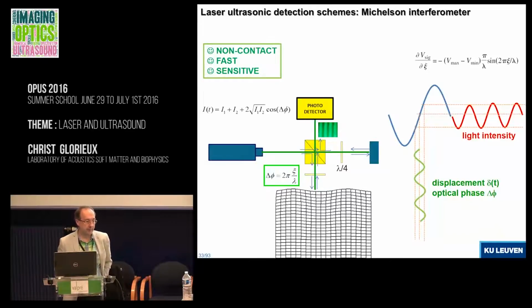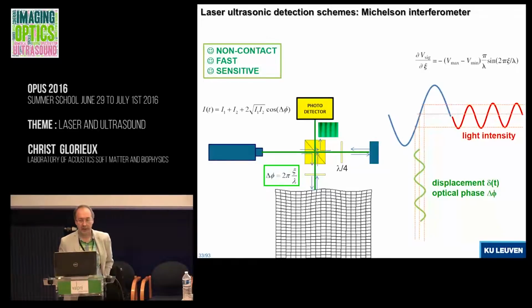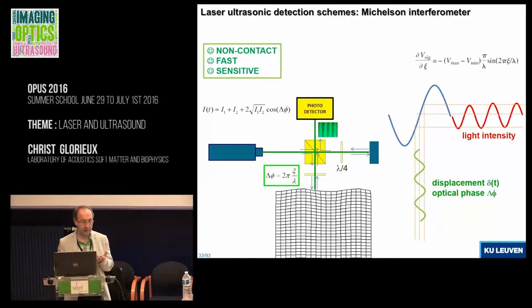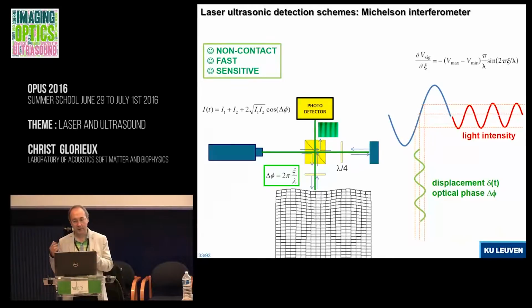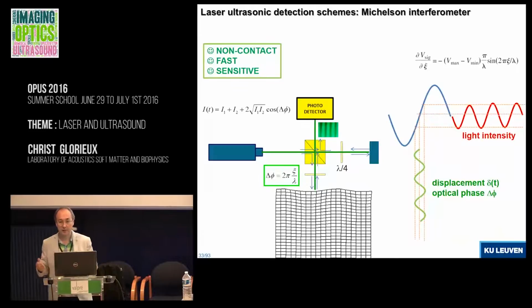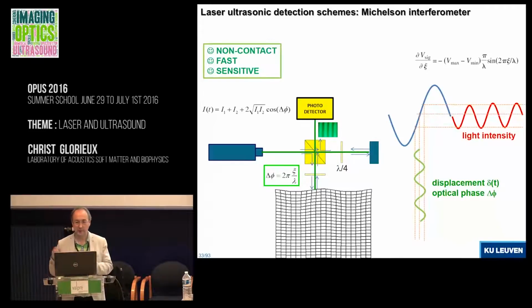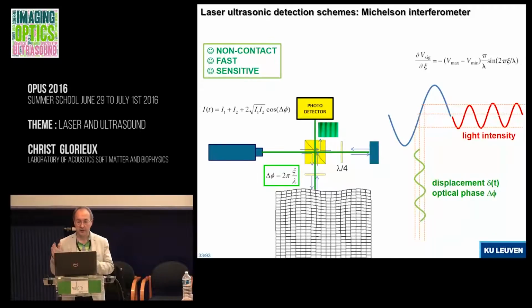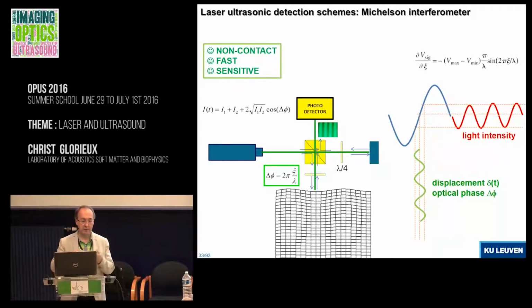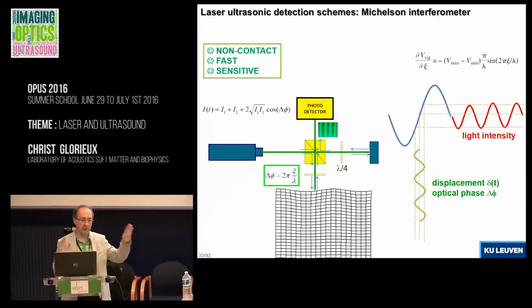Sometimes you cannot compensate. For example, if you want to measure slow displacements of the sample, they are as slow as all the other changes and you cannot distinguish, so you don't know what is changing. But typically in laser ultrasonics, you are using megahertz or kilohertz or even gigahertz. That's very fast, so you're not interested in these slow changes and you can remove them.